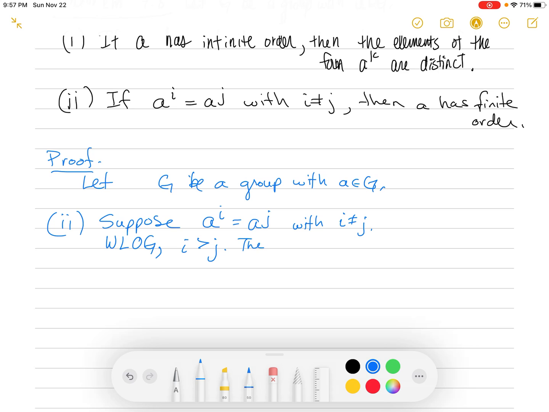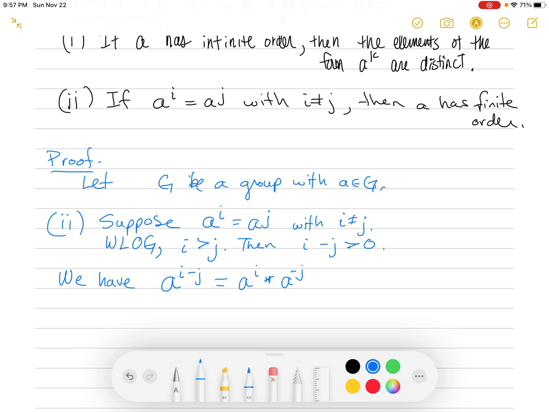So if that's the case, i minus j is going to be a positive number. What we want to look at is a to the i minus j. Using the properties of exponents for elements of a group from earlier, we have a to the i starred with a to the minus j.